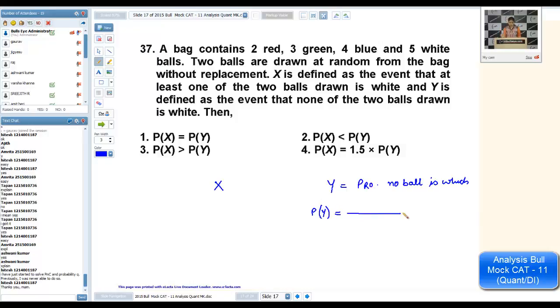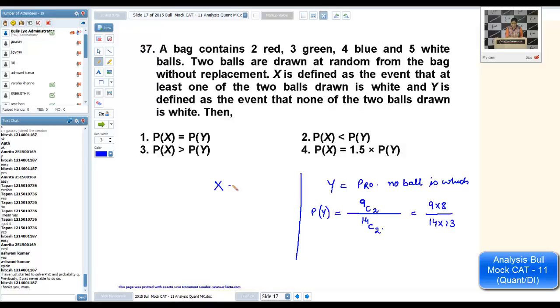In total, how many balls do you have? They are 14. And you are selecting 2 out of them. Y is defined as the event that none of the 2 balls drawn is white. It means you can choose any other color. There were 5 white balls and you are choosing any other color. It means you are left with only 9 balls. So its probability is 9 into 8 divided by 14 into 13.